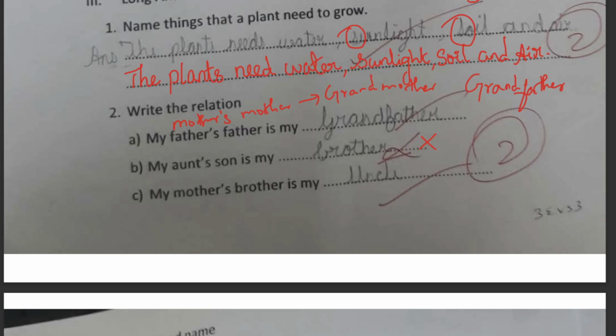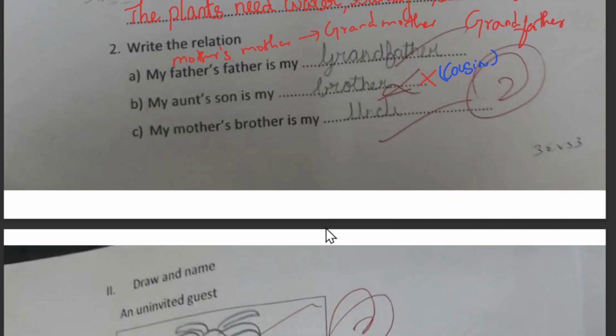I'll write in blue color so it will be a little brighter for you. So cousin, your cousin. And next, my mother's brother is my dash. My mother's brother is your uncle.